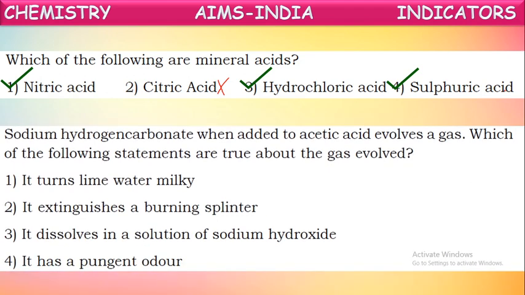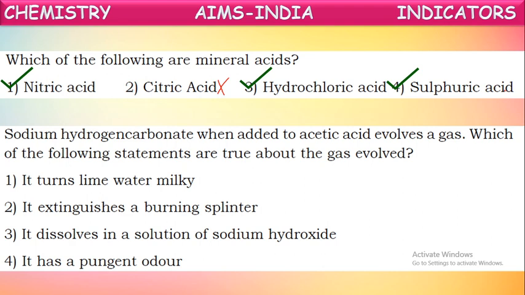Sodium hydrogen carbonate or sodium bicarbonate, when added to acetic acid, evolves a gas. Which of the following statements are true about the gas evolved? So they're telling here, when sodium hydrogen carbonate reacts with acetic acid.